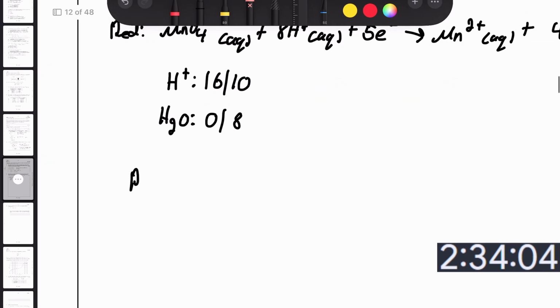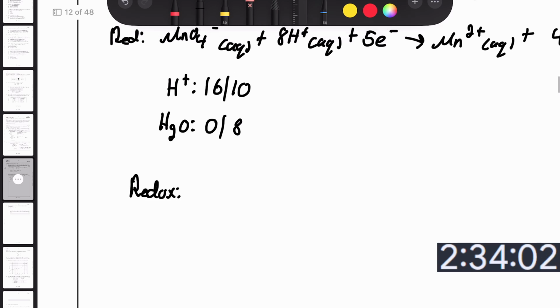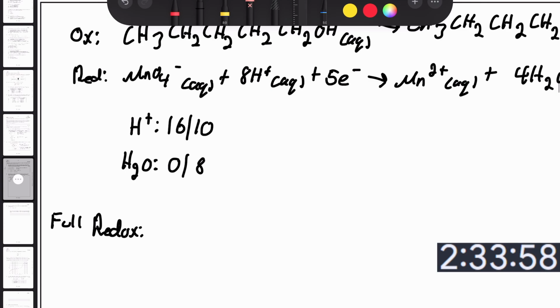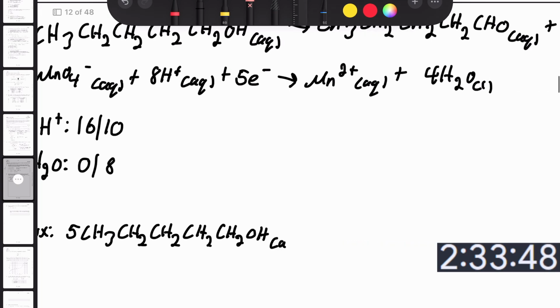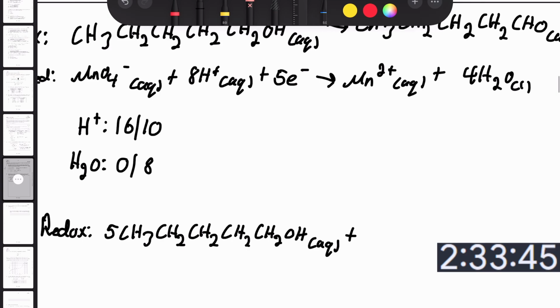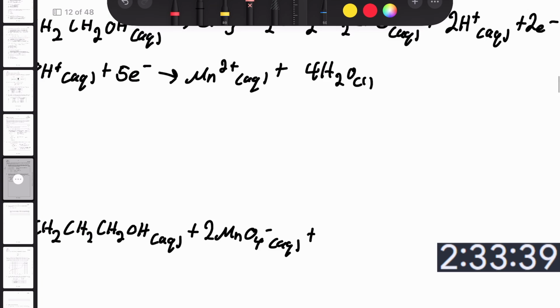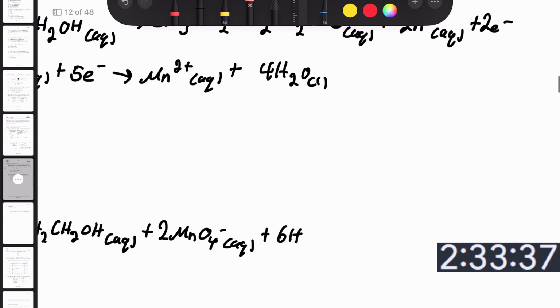And then the redox reaction. For the redox reaction, I'm going to have 5 CH3CH2CH2CH2CH2OH aqueous plus 2 MnO4 minus. I'll deal with the ions in a second, plus 6H plus aqueous.